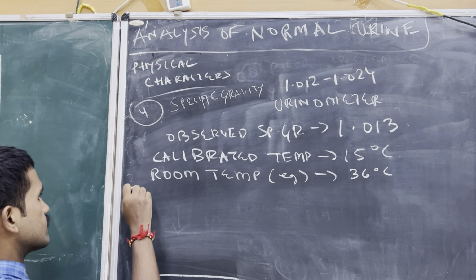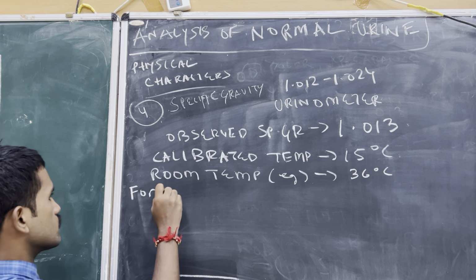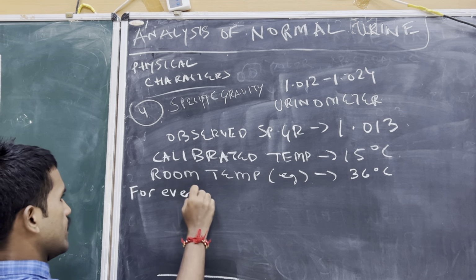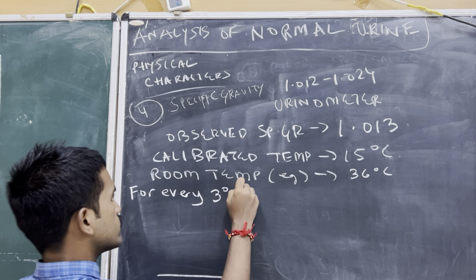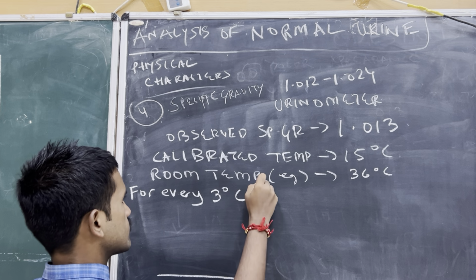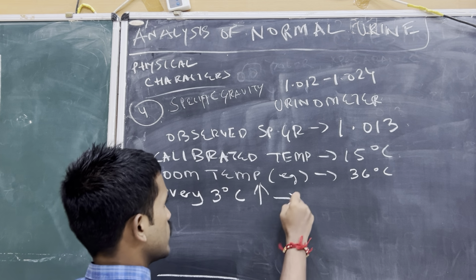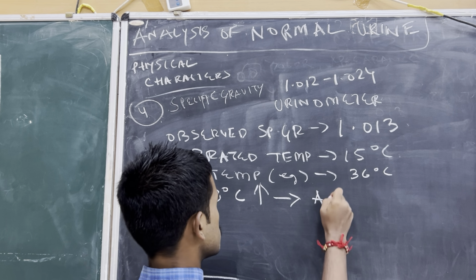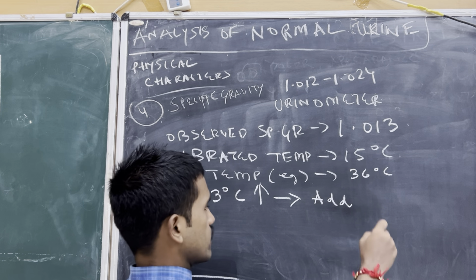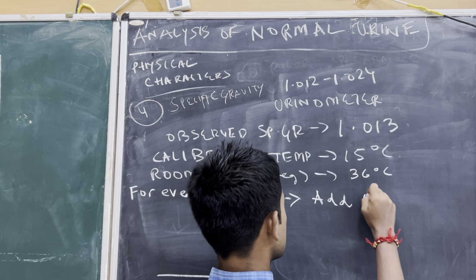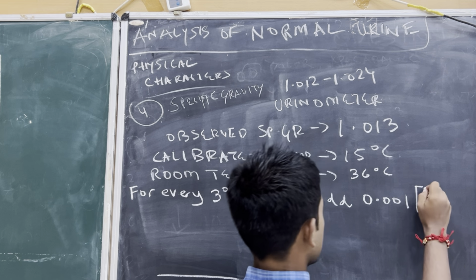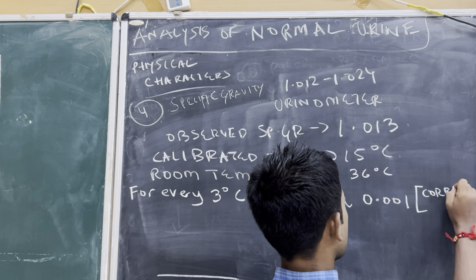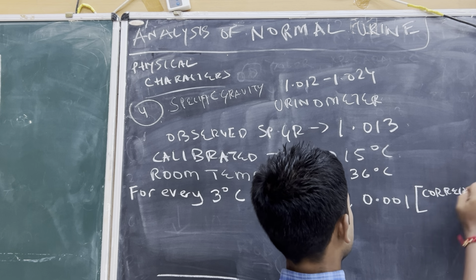So the rule is, for every 3 degrees C increase, we have to add the correction factor of 0.001.